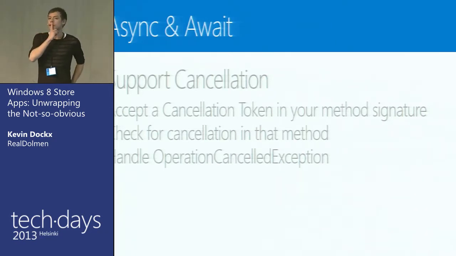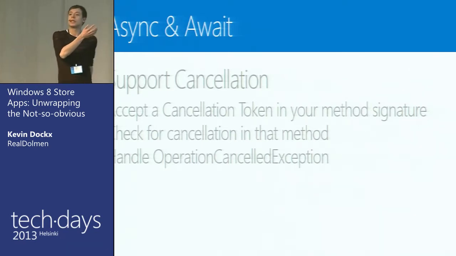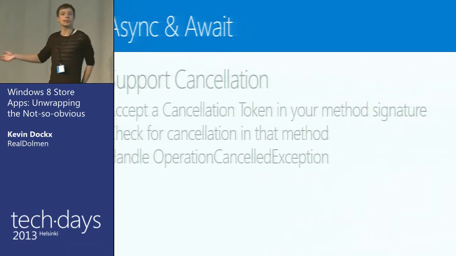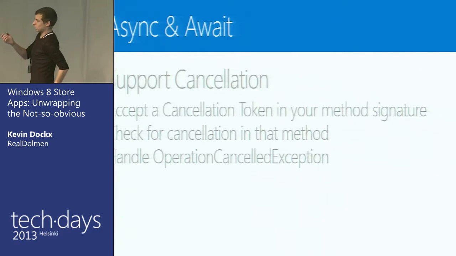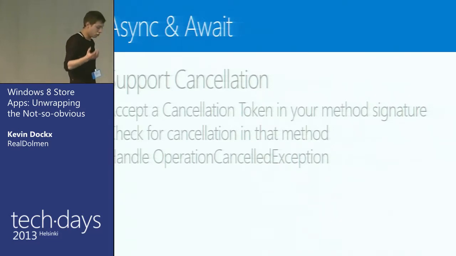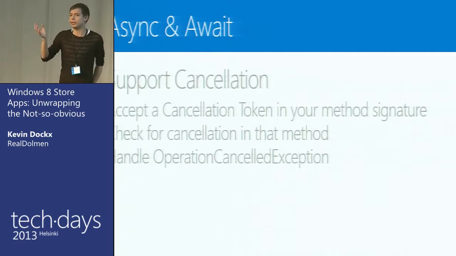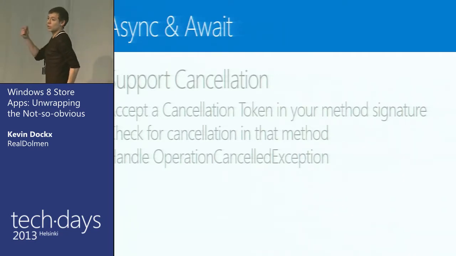One good idea is to support cancellation. So why would you want to do that? Why would you want to cancel a task? Well, let's try and find a good example. Imagine you're making a photo application, and you want your user to be able to put filters on those pictures.